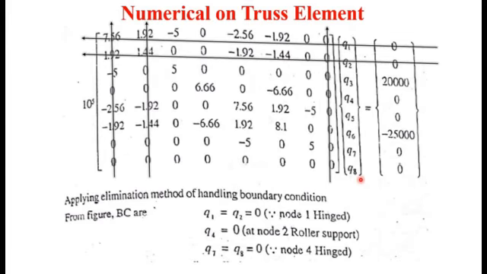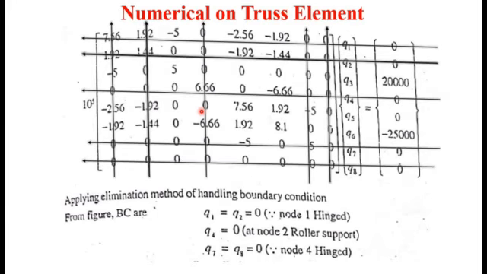By the elimination method, we cancel q1 because it is 0, so the first row and first column. Similarly q2 is also 0, so we cancel the second row and second column. Then q4 is equal to 0, so we cancel the fourth row and fourth column. Similarly q7 and q8.